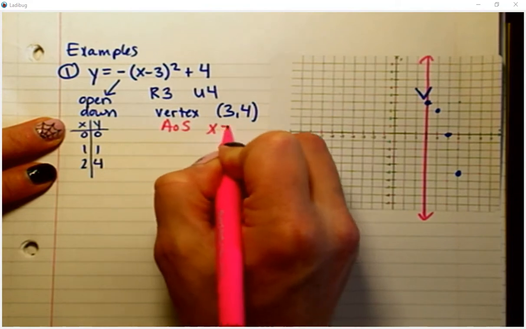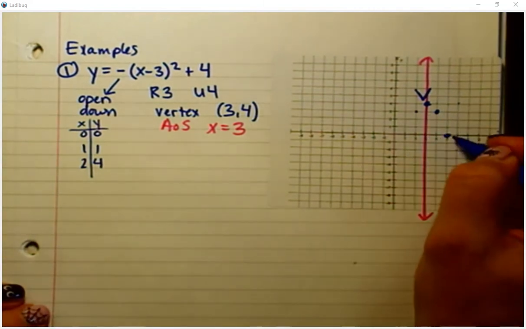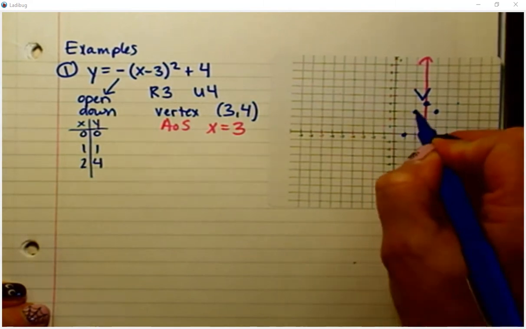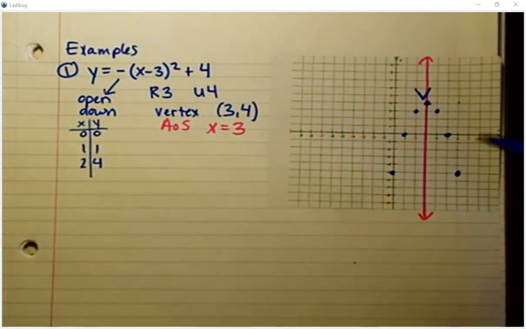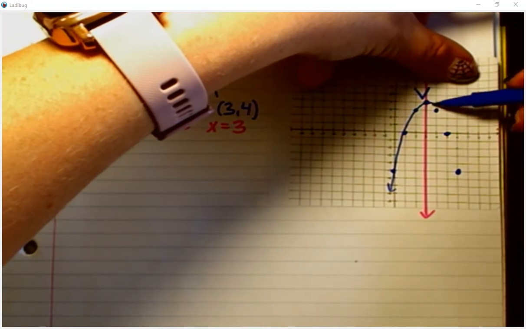Axis of symmetry is how I get the rest of my points. I just reflect them over. See that? 3 units, 3 units. And connect in a nice, smooth direction.